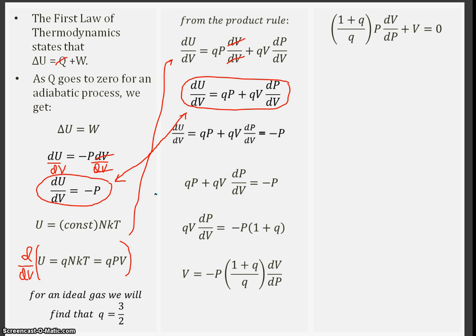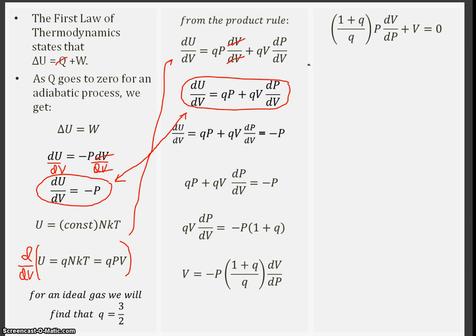And then we flip everything to the other side again so that we make it equal to 0. The reason we do that is because then we have a differential equation that is equal to 0. Now remember, we said that for an ideal gas, Q is equal to 3/2.